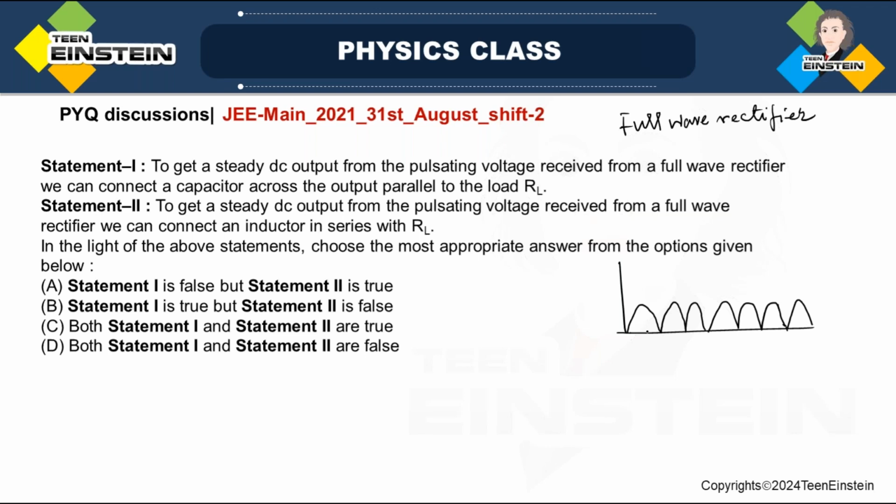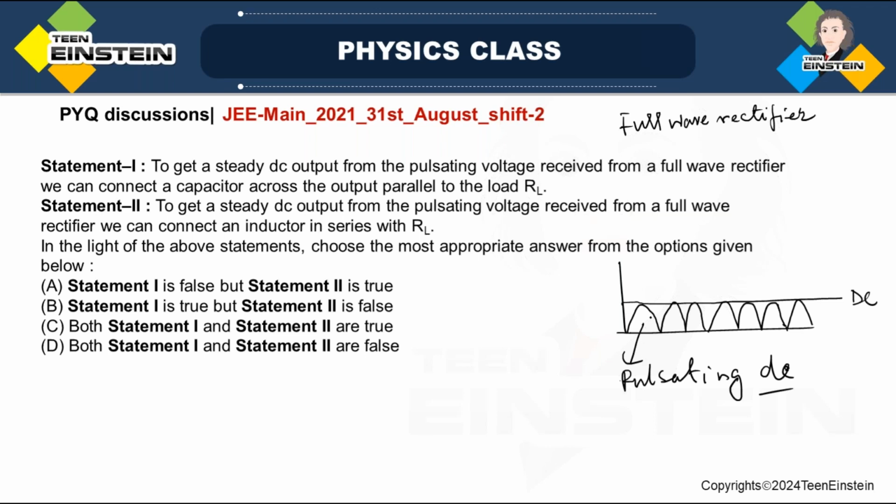It is in the same direction, but still it is having a variation. The actual DC is this one. This is called pulsating DC.